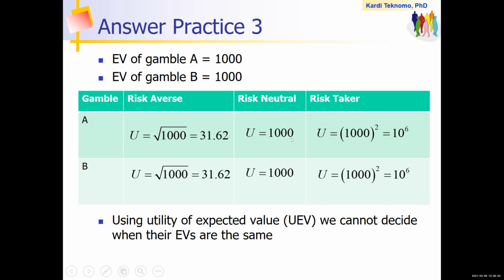If you are risk taker, the utility is the EV square. So by using the utility of the expected value, you still cannot decide, because their EV are the same.